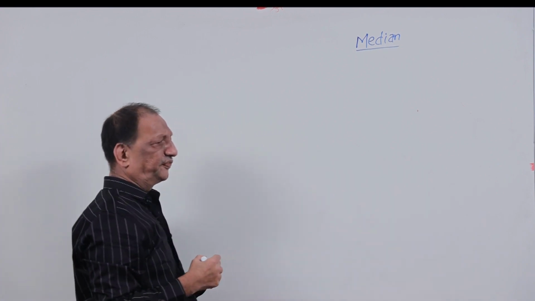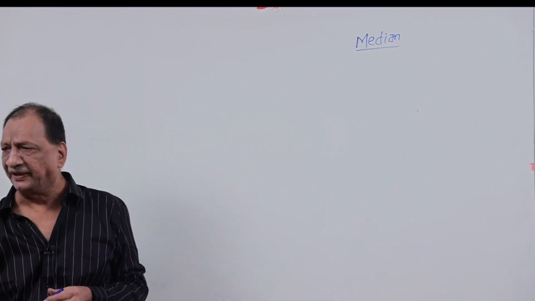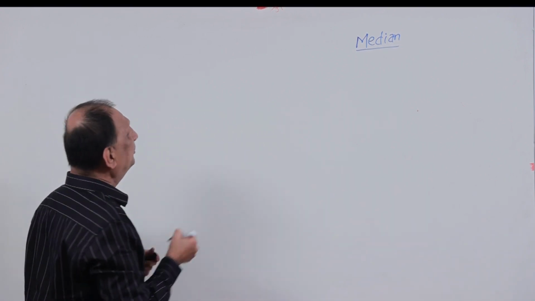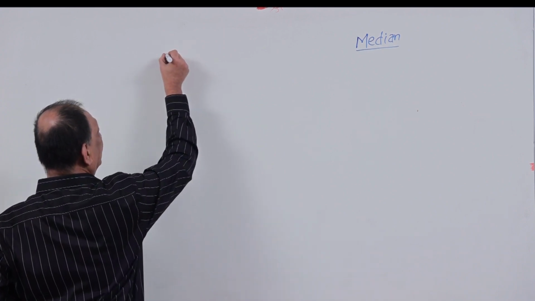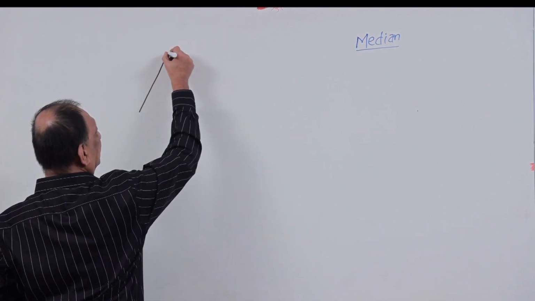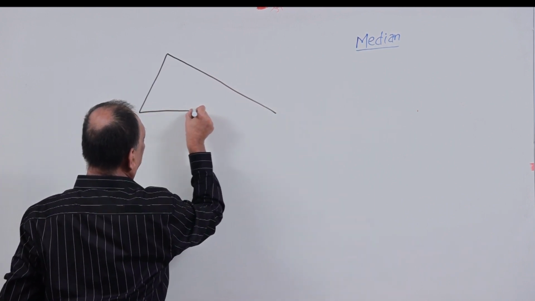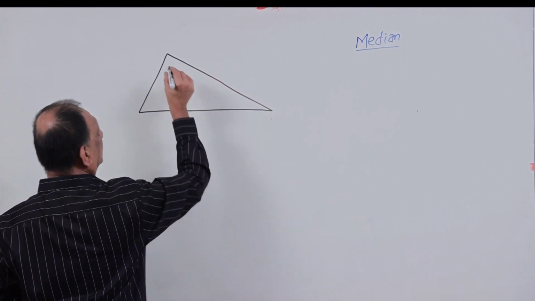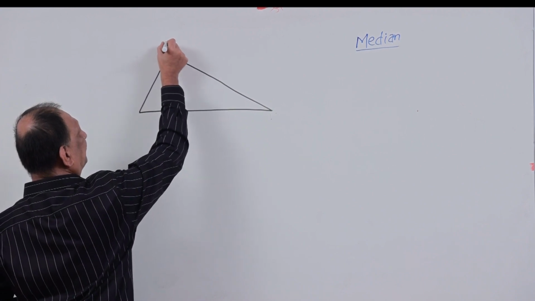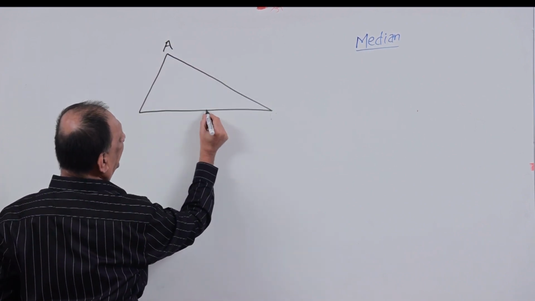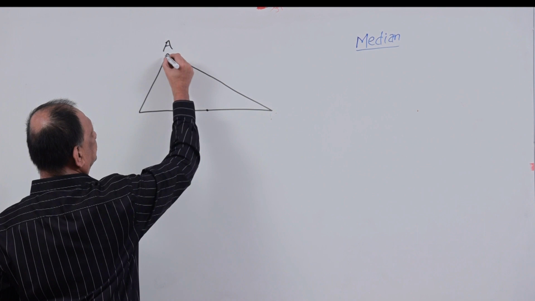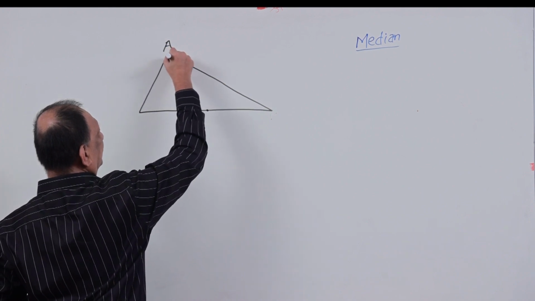Three medians of a triangle are concurrent, okay? What is a median? A median is a line which joins one vertex of a triangle to the midpoint of the opposite side. It is known as a median.